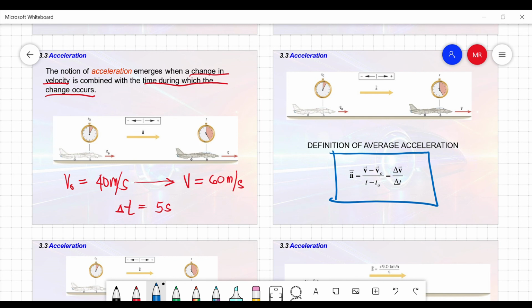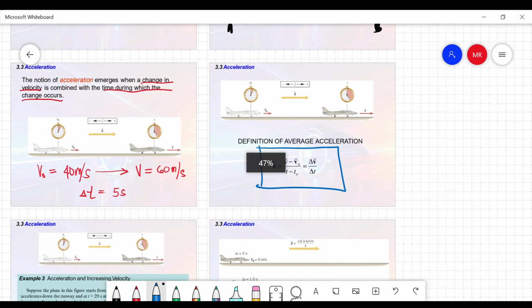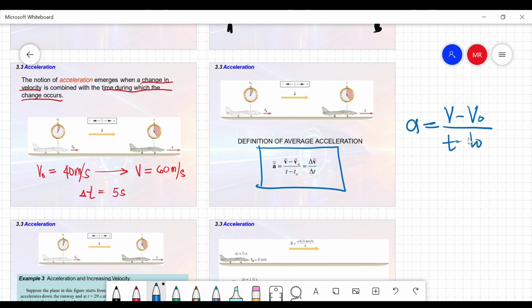Now, if we are to compute for the acceleration of our illustration, if you're riding a bicycle, you want to increase your velocity from 40 meters per second to 60 meters per second. If we are to compute for your acceleration, acceleration is equal to v minus v sub o all over t minus t sub o.